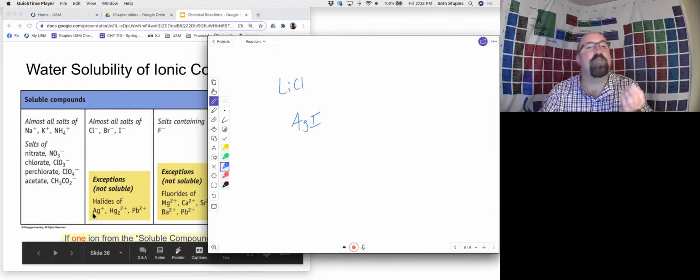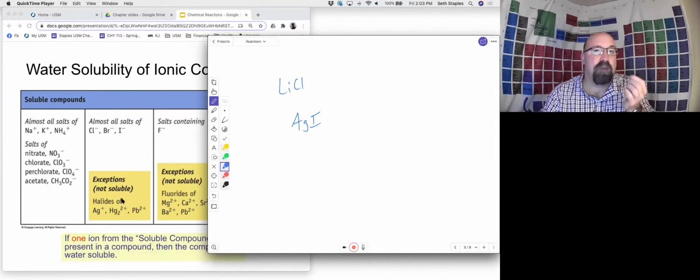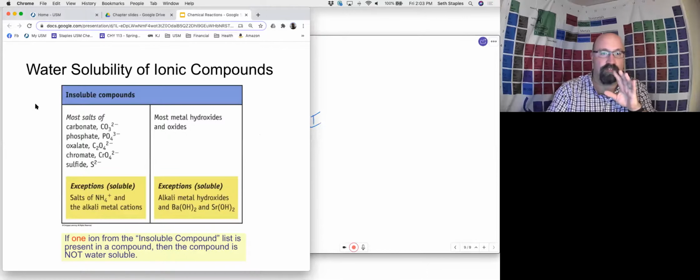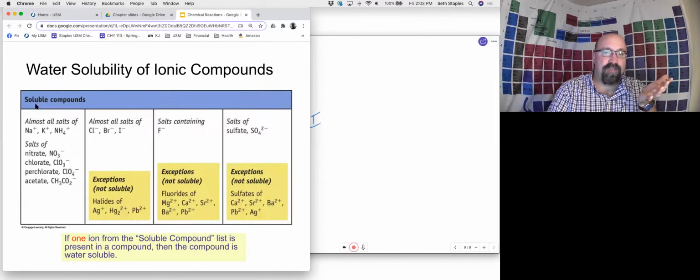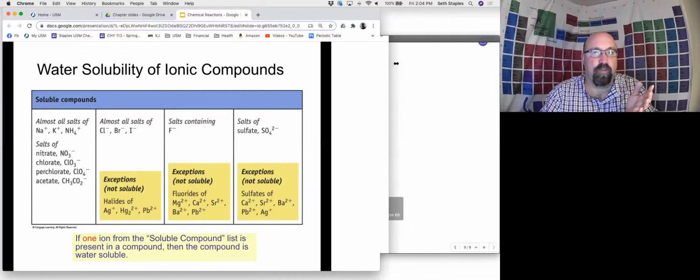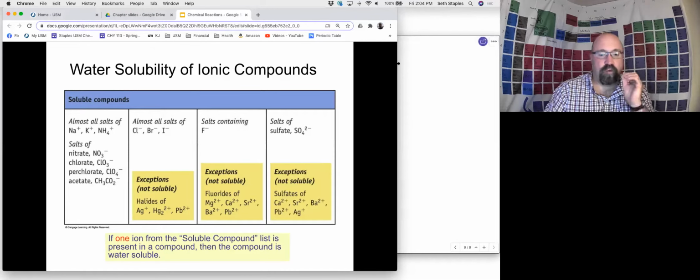That's how you use this solubility chart, by first looking to see what category we're in. Are we in the soluble chart or the insoluble chart? Look to see where we're at, and then look to see if what you're dealing with is an exception to that in some way. In doing that, you can determine if a compound is soluble or not.